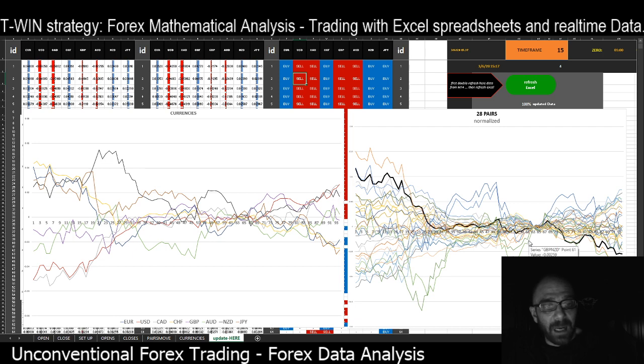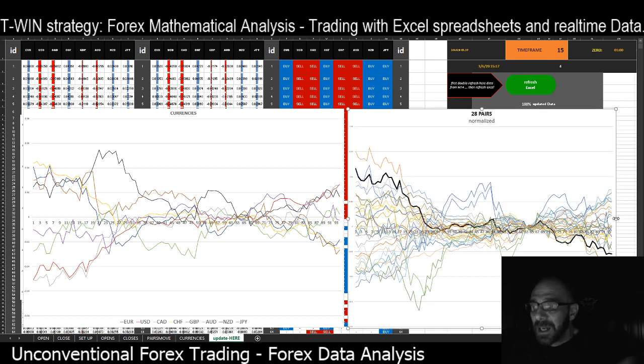Also, after checking this scenario and figuring out what could have been the setup of the day for trading, I also searched for some confirmation on this chart on the right, which basically is like analyzing 28 currency pairs all of the time in just one chart, because they are normalized.